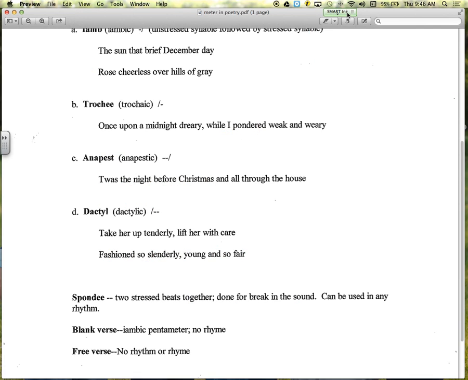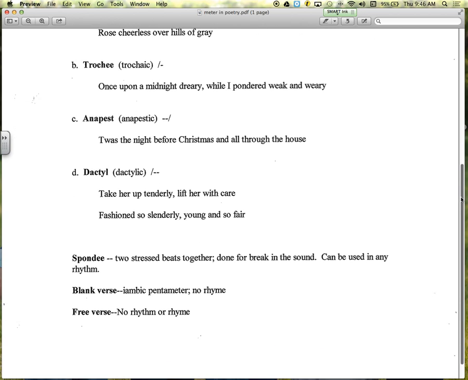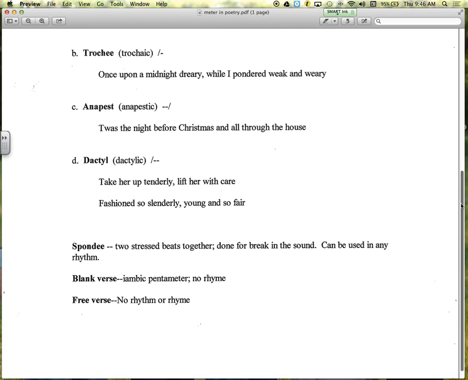Okay, the last one is probably the least used of all of them. It's the one you will find the least, and it is the most awkward of them. It's stress, unstressed, stress, unstressed. Da da, da da, da da, da da. It is the least natural.